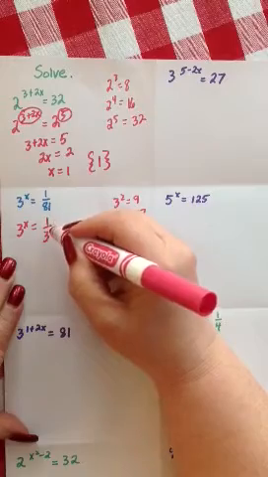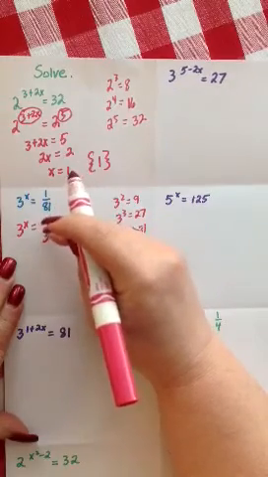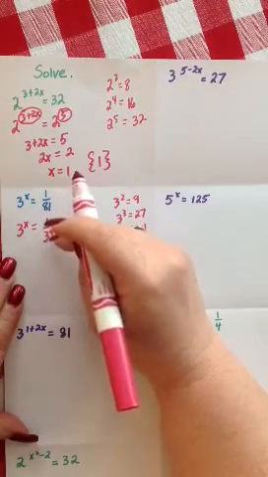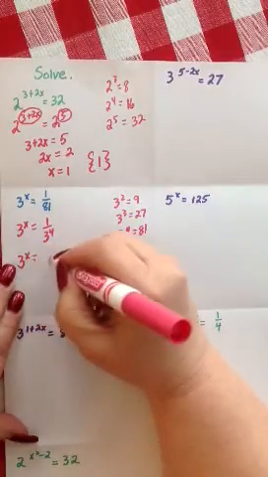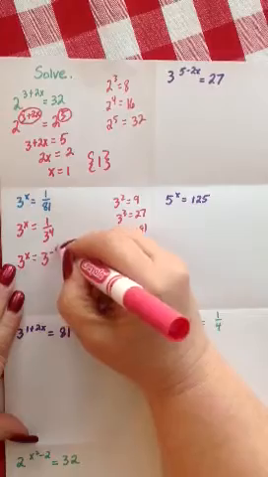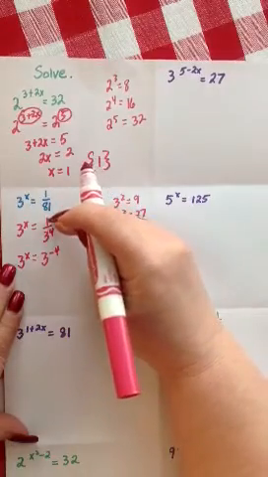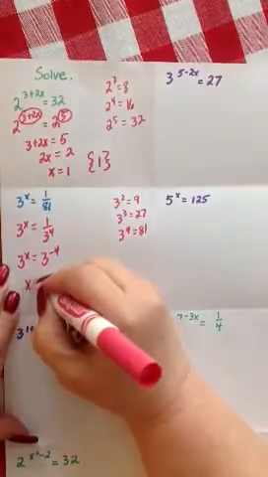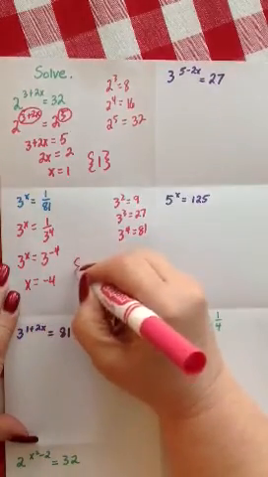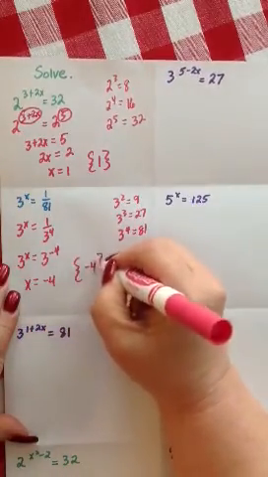And if you have an exponent in the denominator, if you move it, it just changes sign. So we could say that 3 to the x is equal to 3 to the negative fourth. So then we get x is equal to negative 4. So that would be our answer, negative 4.